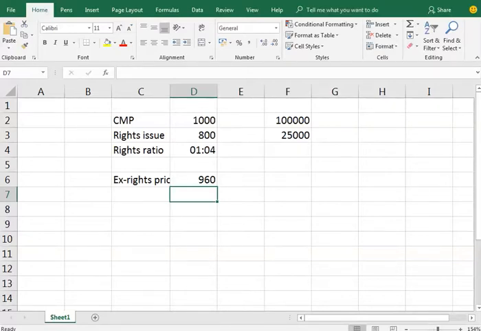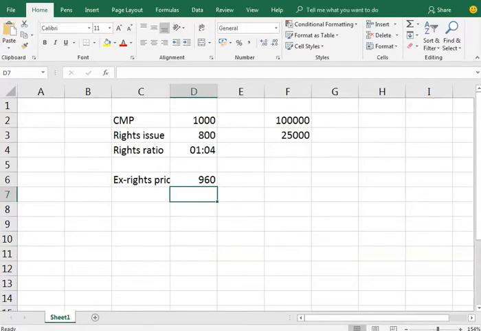If you subscribe to the rights issue, your wealth is 125 into 960. But to subscribe to this, you have paid 25 into 800. Your earlier wealth is 100 into 1000.